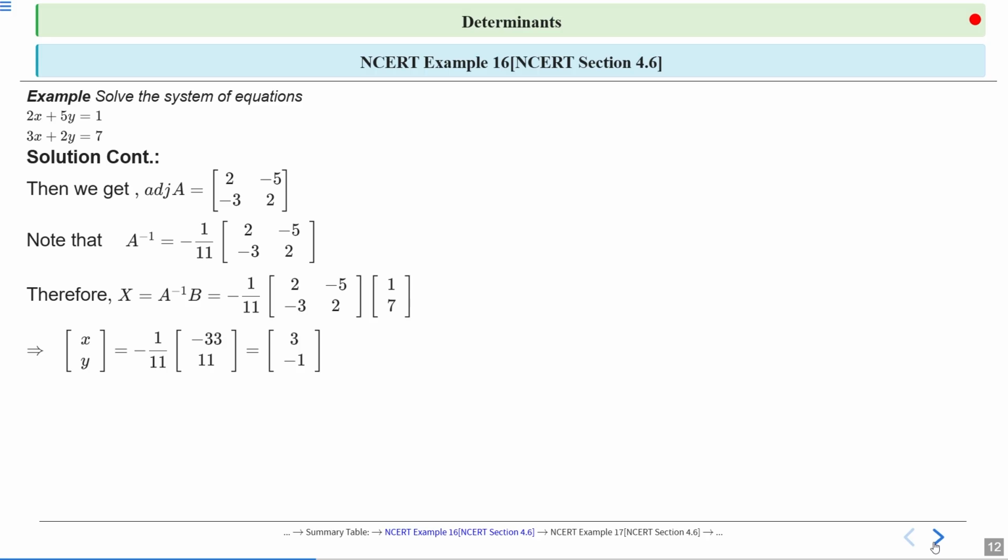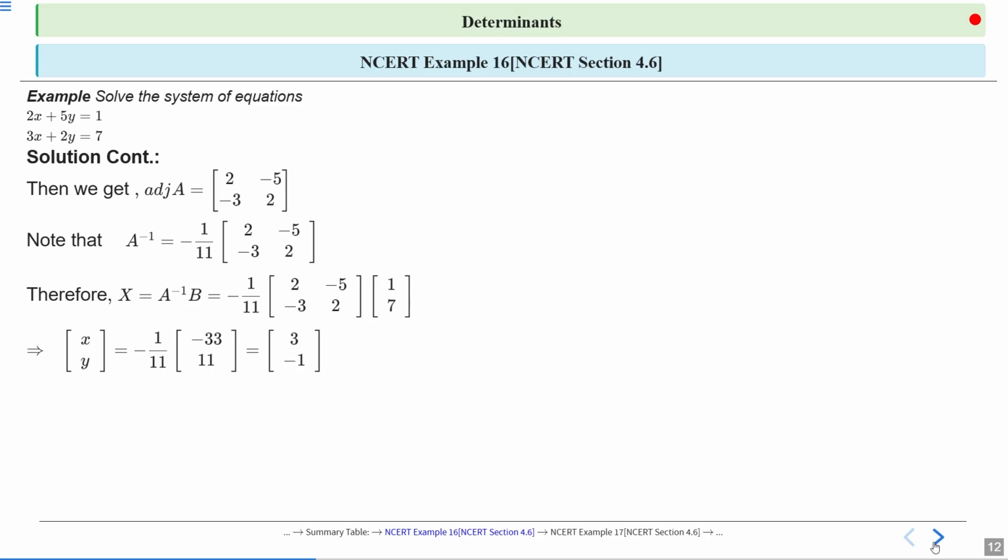So how do we multiply? We take the first row, that is 2 and minus 5, and multiply with the first column. So 2 into 1 plus minus 5 into 7. That's how we multiply matrices. So 2 into 1 plus minus 5 into 7, that is 2 minus 35, that is minus 33.